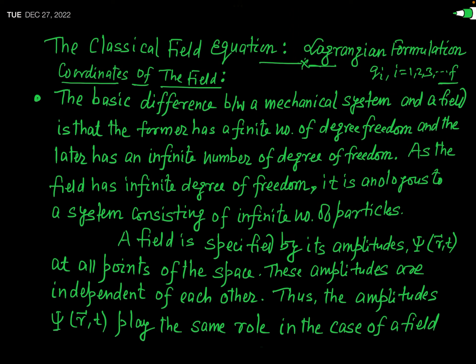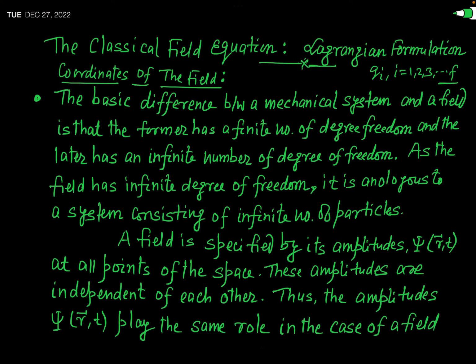Okay. But if you are talking about a field, actually the field is defined as a physical system with infinite, that is uncountable, number of degrees of freedom. So you can say that a field is just a physical system with infinite degrees of freedom.